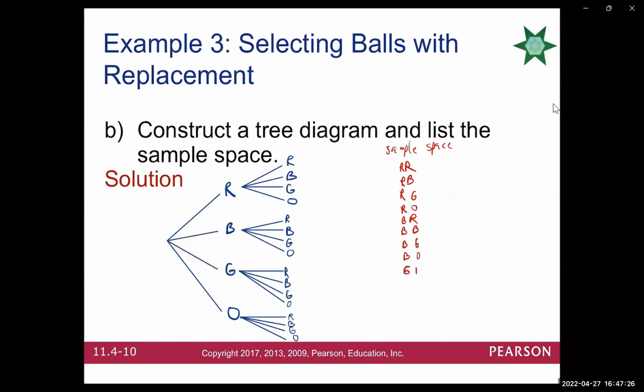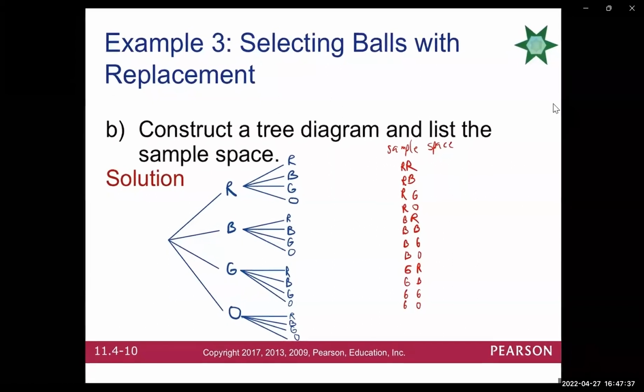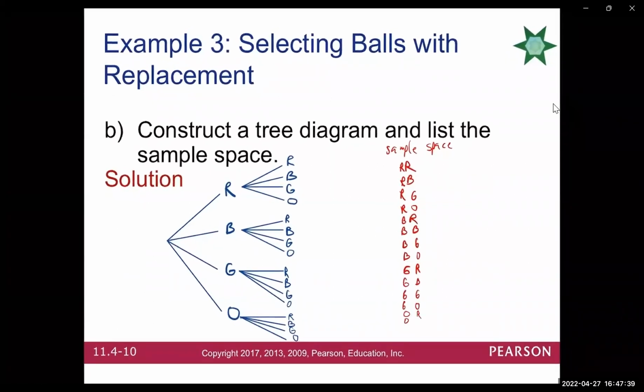So you get the idea. You just go through each of those lines. Green, red; green, blue; green, green; green, orange. And lastly, you can get orange, red; orange, blue; orange, green; orange, orange.